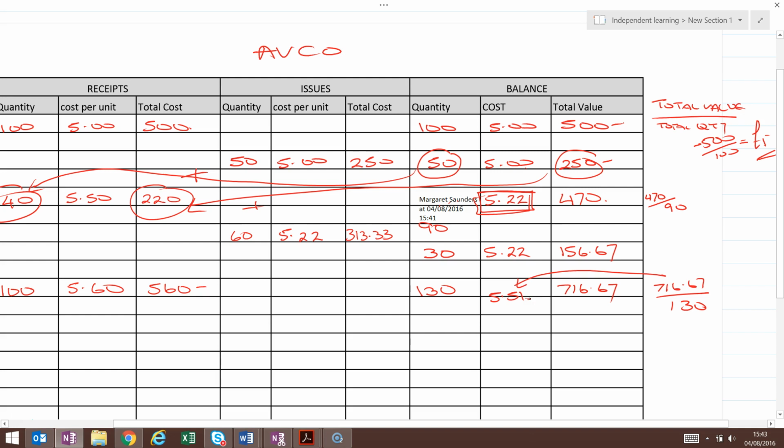So we have 130 units left in stock at £5.51 each, total of £716.67, which falls between our closing stock valuations for FIFO, which was the highest at 725, and LIFO, which was the lowest at 710.